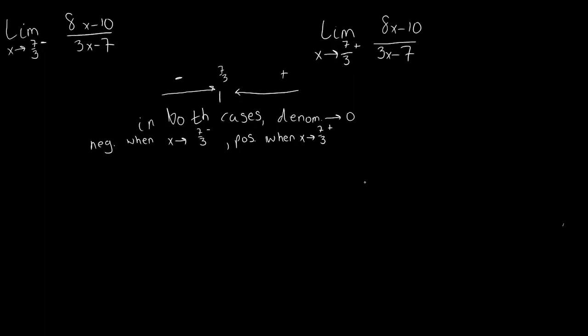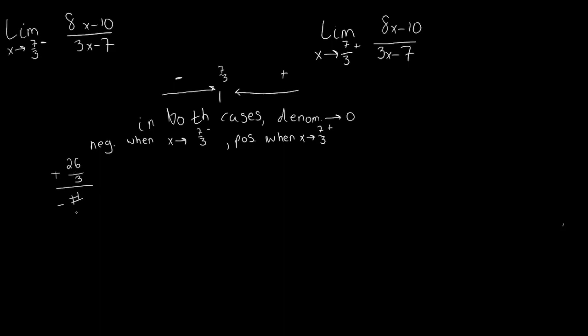And as we get closer to 7/3 coming from the left direction, the value of our numerator is going to be getting closer and closer to 26/3. So we're going to get values that approach positive 26/3 over some negative number as we approach 7/3 from the left.